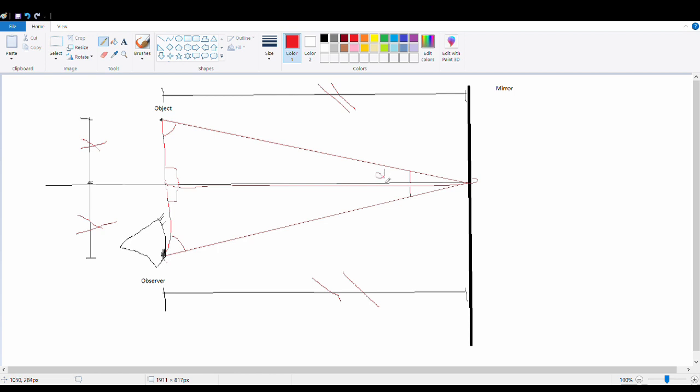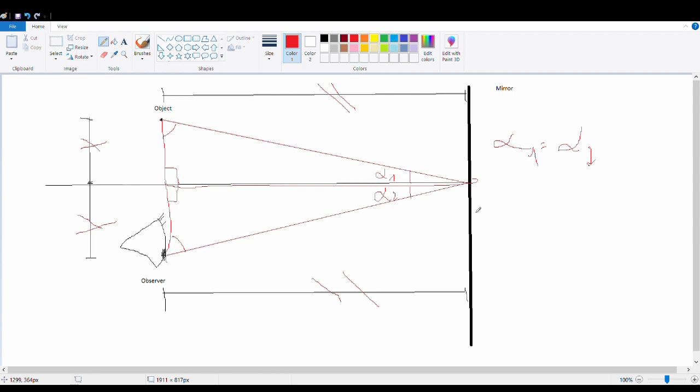So let's call this angle alpha 1, and this one alpha 2. If these are the same angle, they have the same number of degrees. We can say, for example, that alpha 1 is 30 degrees, then alpha 2 will be 30 degrees.